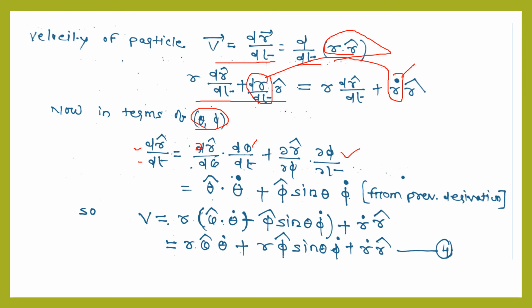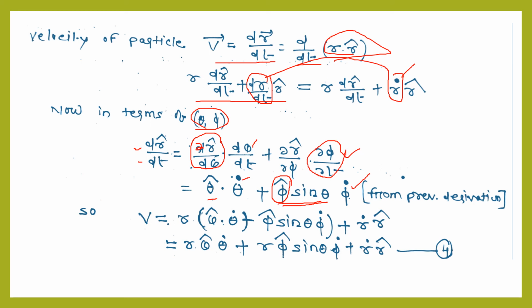So del r cap by del theta is, from the previous derivation, equal to theta cap, and d theta by dt is theta dot, a one-time derivative. And del r cap by del phi is equal to phi cap sin theta, from the previous derivation, and d phi by dt is phi dot.